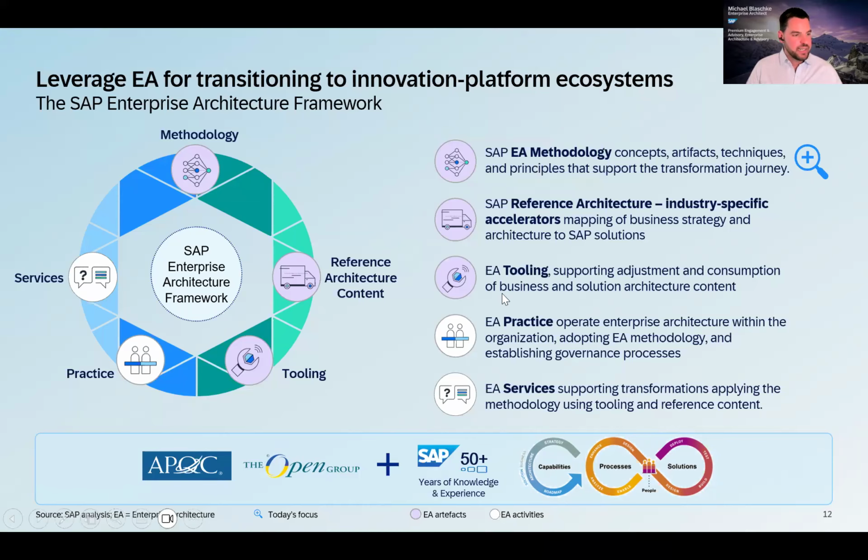And then the second set, the two white ones, are the actual activities conducted within your organization's EA practice, where enterprise architecture work is conducted, and where these artifacts are adopted, but also, of course, enterprise architecture services that represent how we and other third-party organizations like system integrators support enterprise architecture work and transformations by applying the SAP methodology, using the tooling and the reference content.